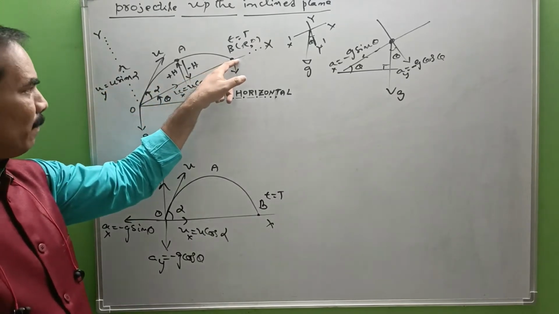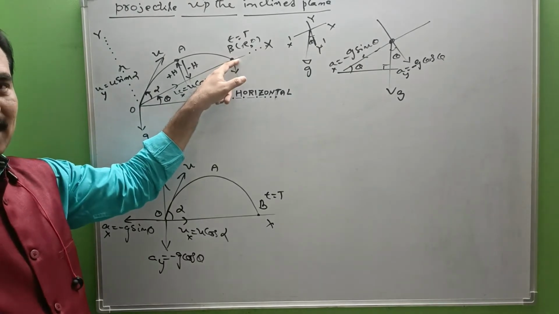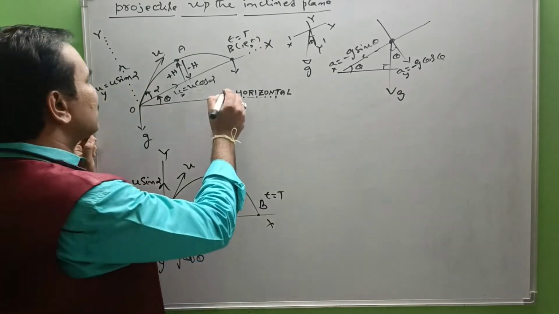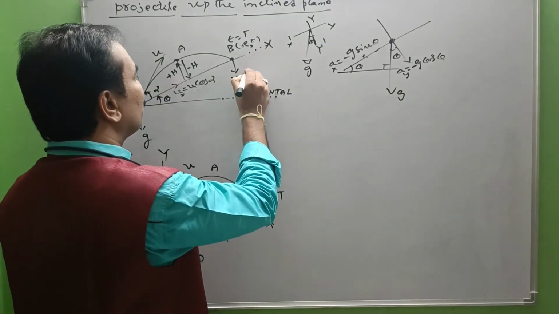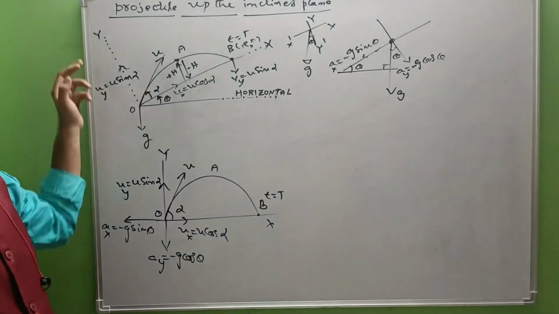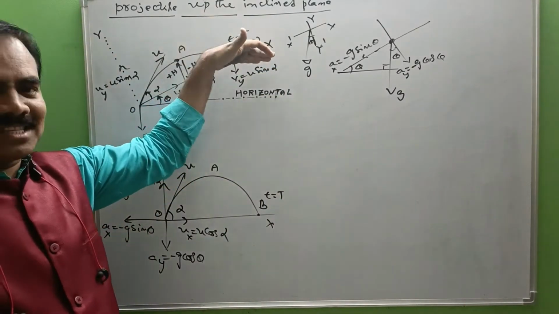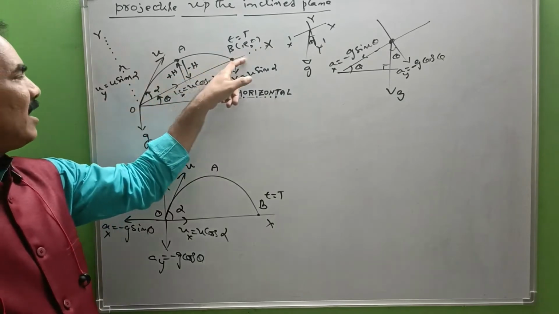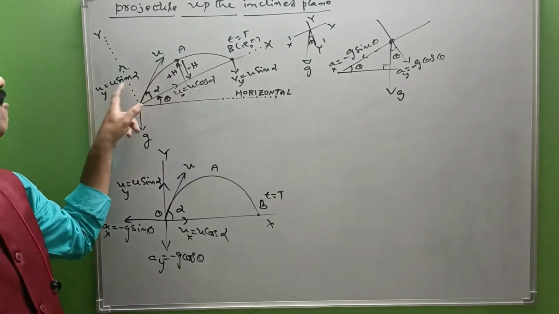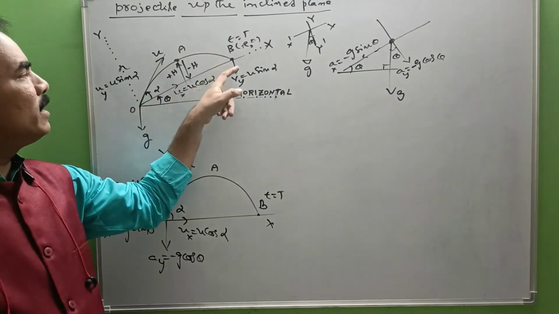When it strikes the inclined plane at B, it finds the same component of speed, that is Vy equal to u sin alpha. Why? Because as far as the x-axis is concerned, both O and B are at the same level, right? So if Vy equal to u sin alpha, here Vy must be u sin alpha.